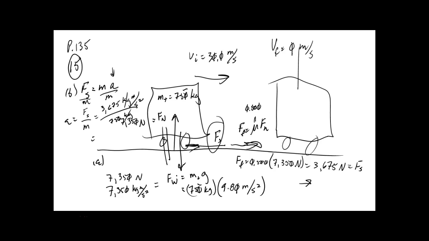Get it? 3,675 divided by 750 is 4.91, and that would be meters per second squared.